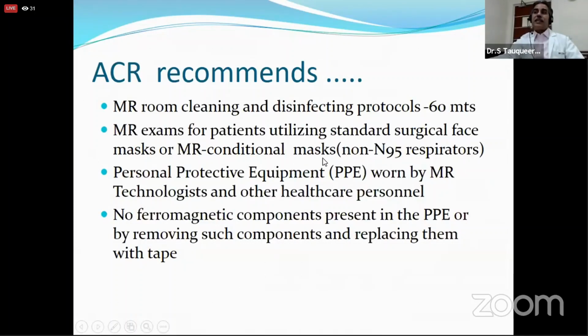There should not be any metal strip within the mask. Maybe the metal strip has to be removed or tape has to be placed. Similarly, for PPEs, personal protective equipment, the ferromagnetic components should be removed and maybe replaced by tape before you enter. So these are recommendations for doing an MRI. During COVID-19, we should try to avoid MRI and try to do it with CT. If it cannot be avoided, we need to do it with all these precautions.